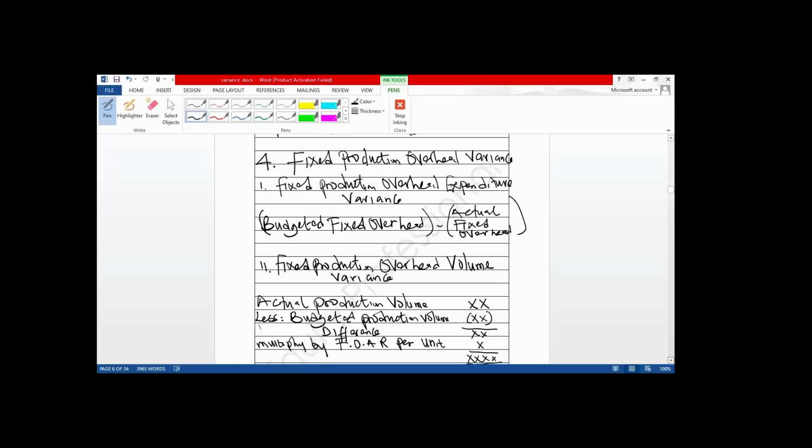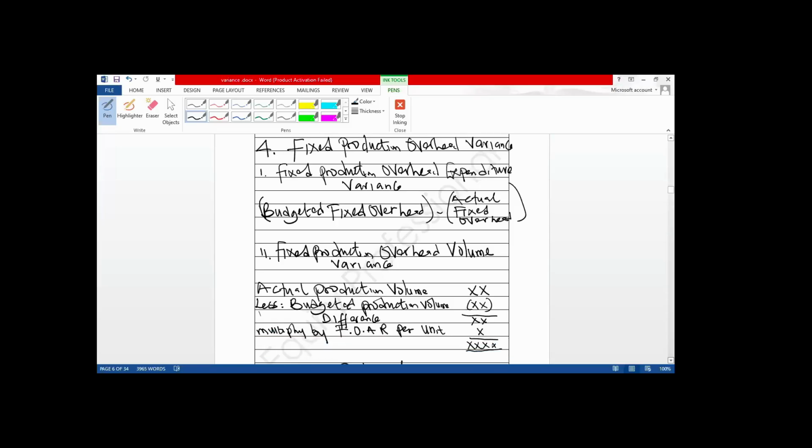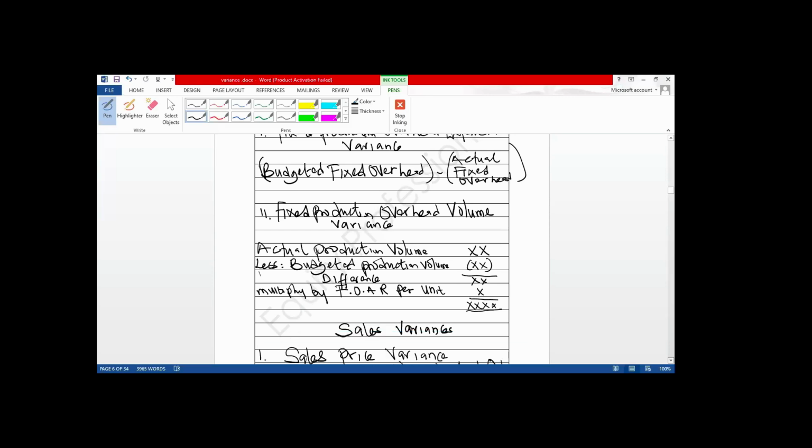This occurs where your actual production volume is more or less than the budgeted production volume.